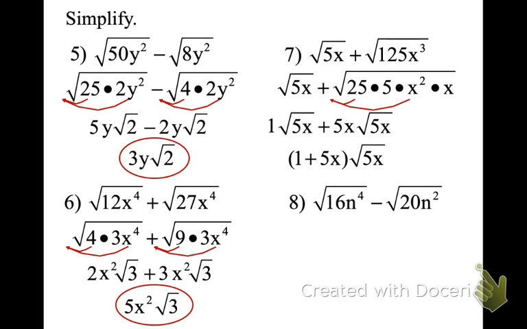Now check. I can take out a 4, and I can take out an n squared. And here, I have to break it down to 4 times 5 times n squared. So I can take out a 2 and an n, and what I'm left with is the 5. Right? So I have 4n squared.